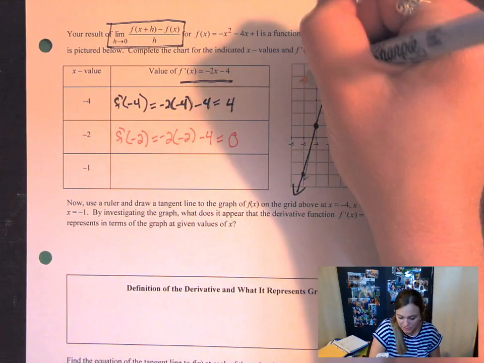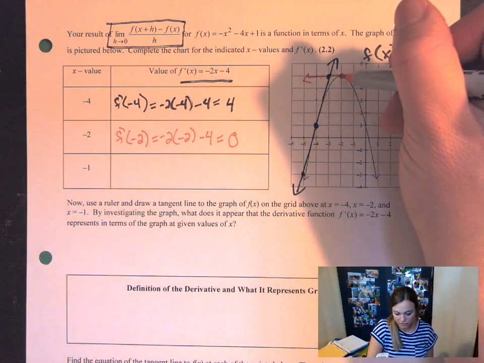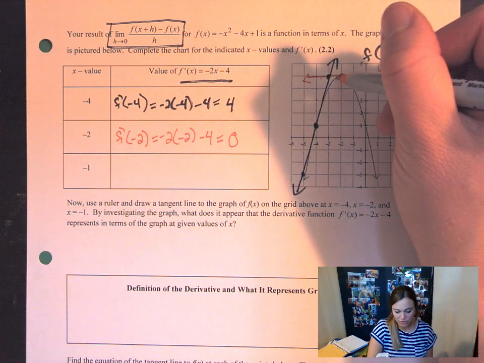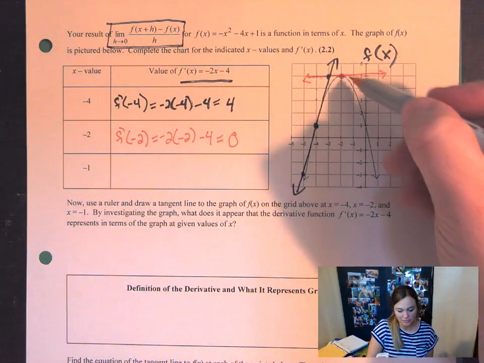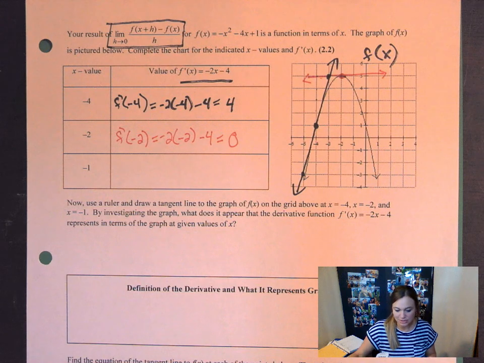So if I go up 0, right over 2 or over 3, or if I go up 0 and left 1, it gives me a slope of 0. Hey, we're good. That is the slope of the tangent line at a place like that, at a maximum. Let's do another one.